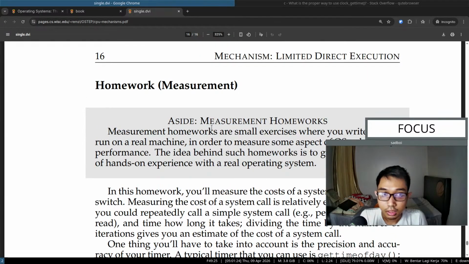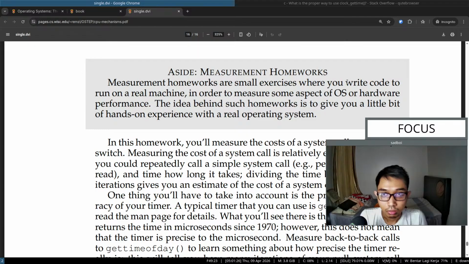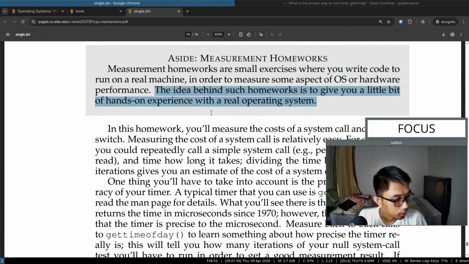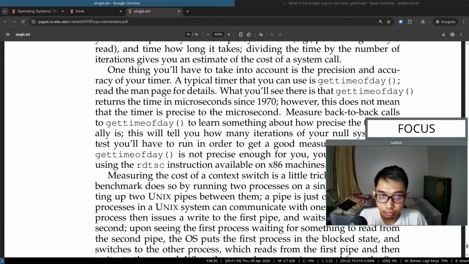So basically in this homework we write code to measure some aspect of operating system, or maybe hardware performance too. I'm not really sure yet, but the idea behind such homework is to give us a little bit of hands-on experience with a real operating system.